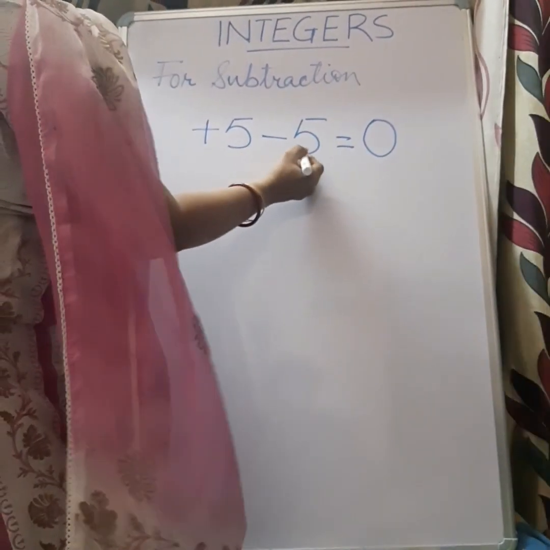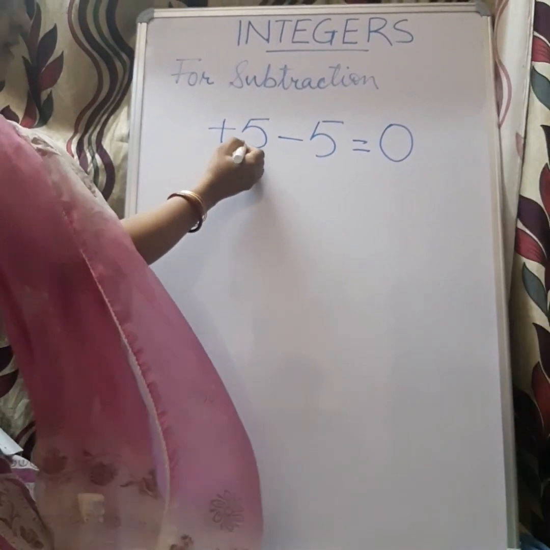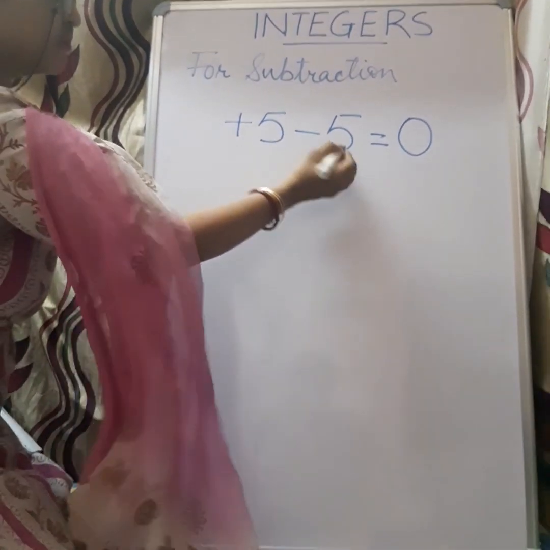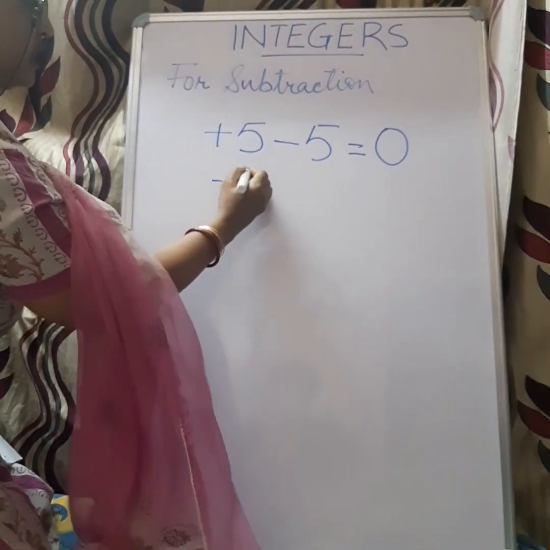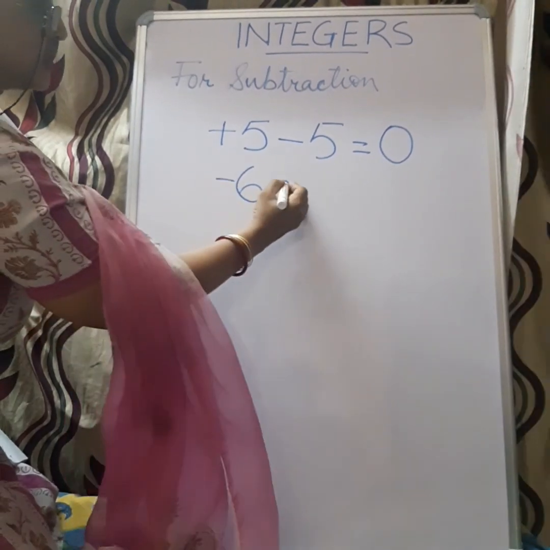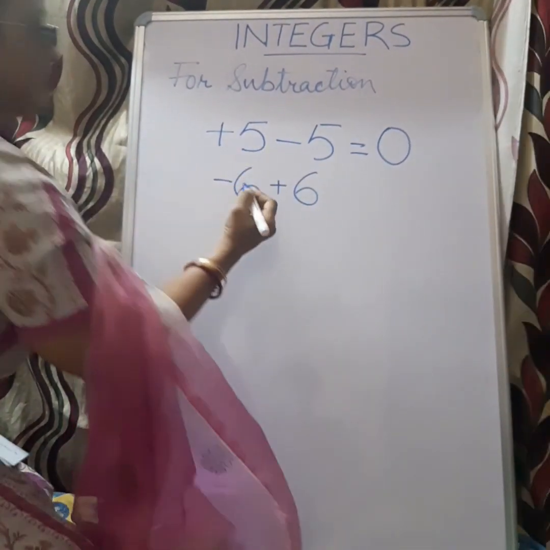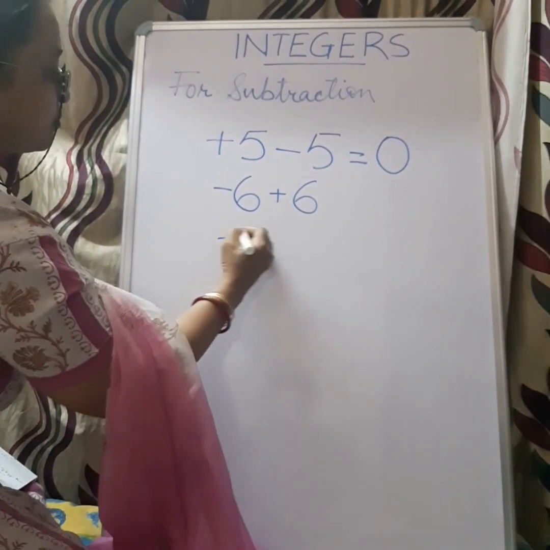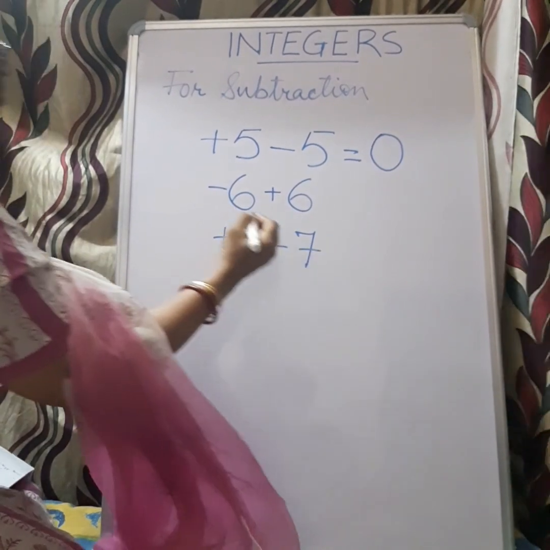So minus 5 is the additive inverse of plus 5 and plus 5 is the additive inverse of minus 5. So for any integer, for minus 6, the additive inverse is plus 6. For plus 7, the additive inverse is minus 7.